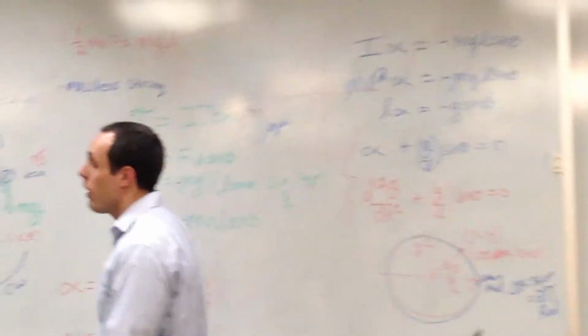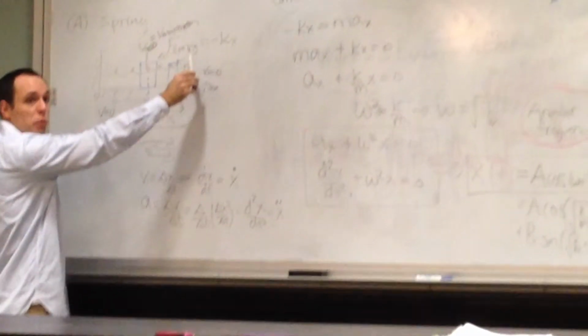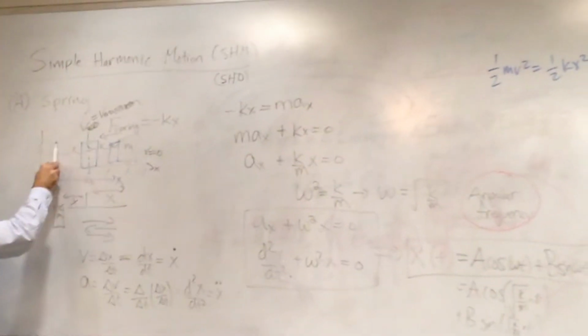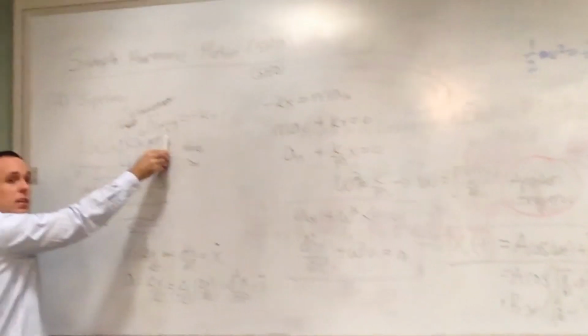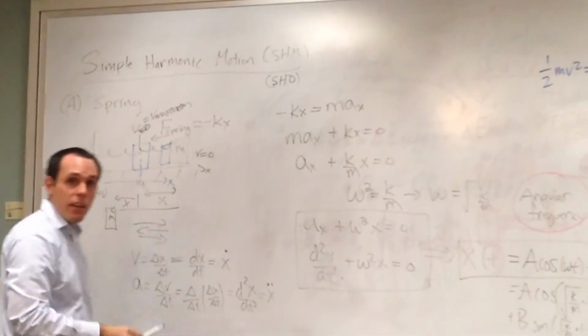For the spring, what's a complete oscillation? Let's say I started off here. A complete oscillation is it starts here, it reaches the equilibrium point, compresses, goes back to the equilibrium point, and gets to this extension point. So it's one complete cycle, where it started to where it ended.